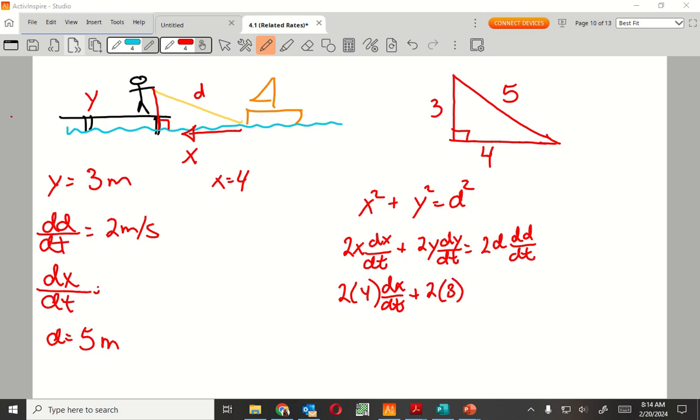Now, dy/dt, what is the change in y? Zero. It's not changing, is it? So there is no change, so that's going to be a 0. That is equal to 2d, which is 5, and dd/dt. My change is going to be 2 meters per second times 2.